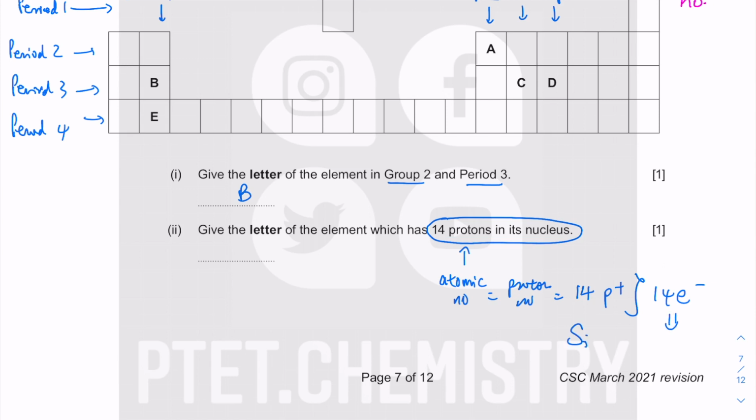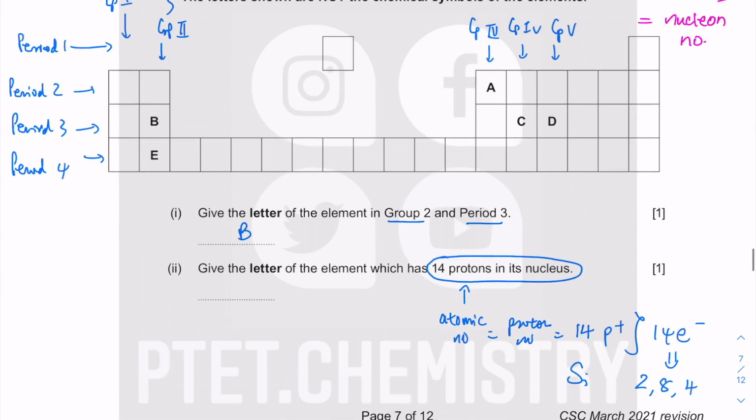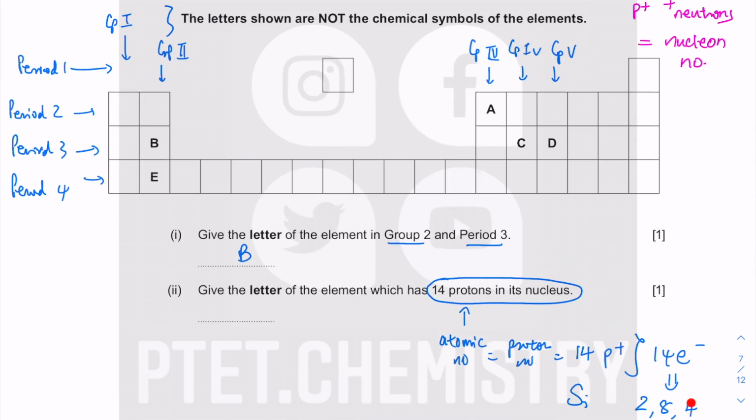And from the electronic configuration, you will see that it's going to be 2, 8, 4. 2 plus 8 is 10 plus 4 is 14. First shell, second shell, and third shell. It's in group 4 and it's in period 3 because of first shell, second shell, third shell.